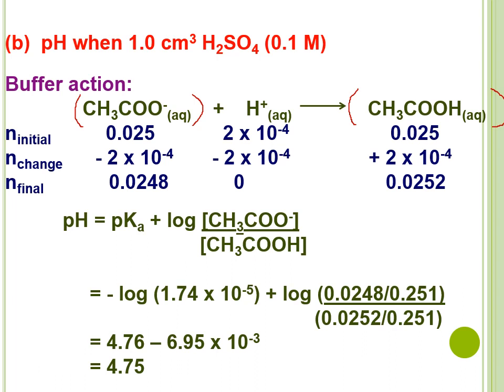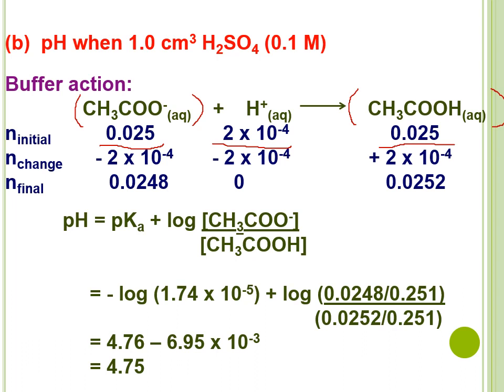Initially, the number of moles for acetate ion is 0.025 as given in the question, and we have calculated just now. We're going to add 2 times 10 to the power of negative 4 H+. The original number of moles for acetic acid is 0.025 as given in the question. Now, what is the change that is happening here?